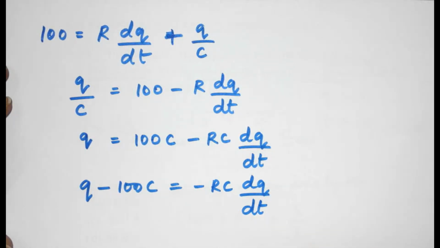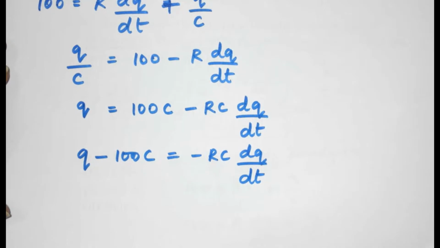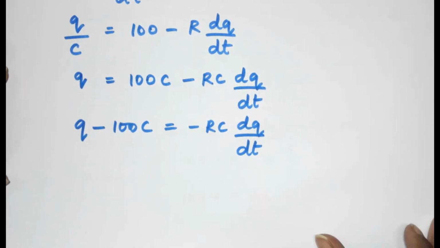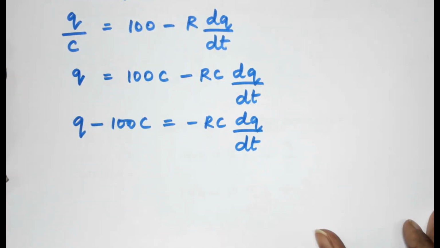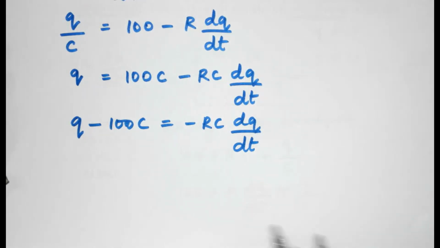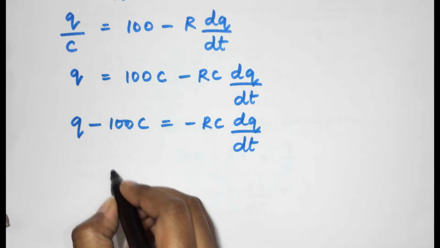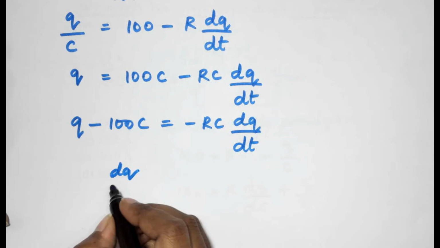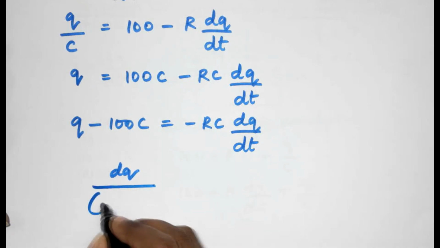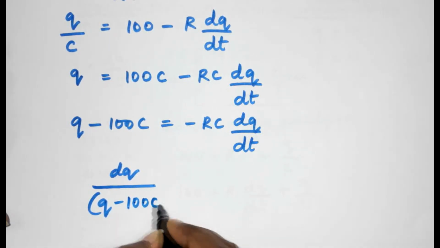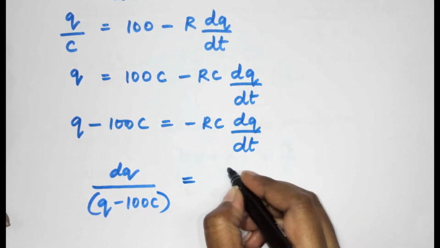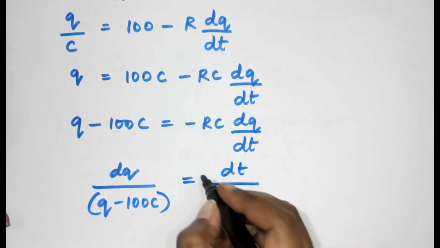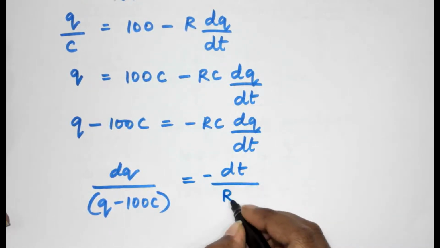Separating the variables and solving, we can now write this as dQ divided by Q minus 100C is equal to minus dt by RC.